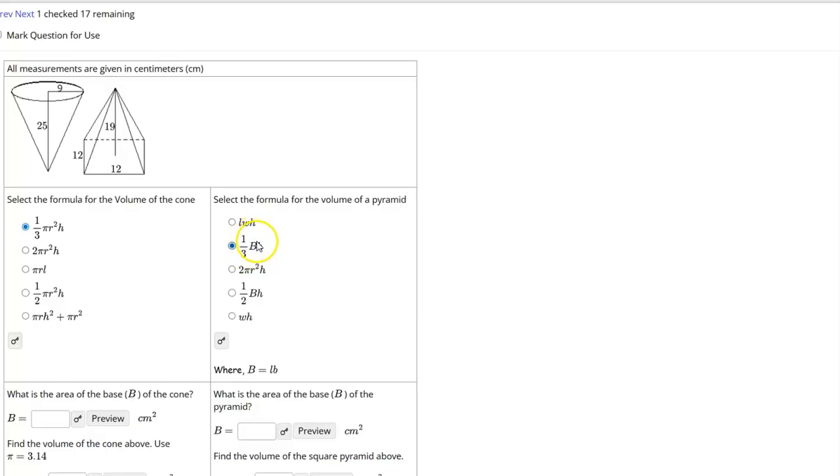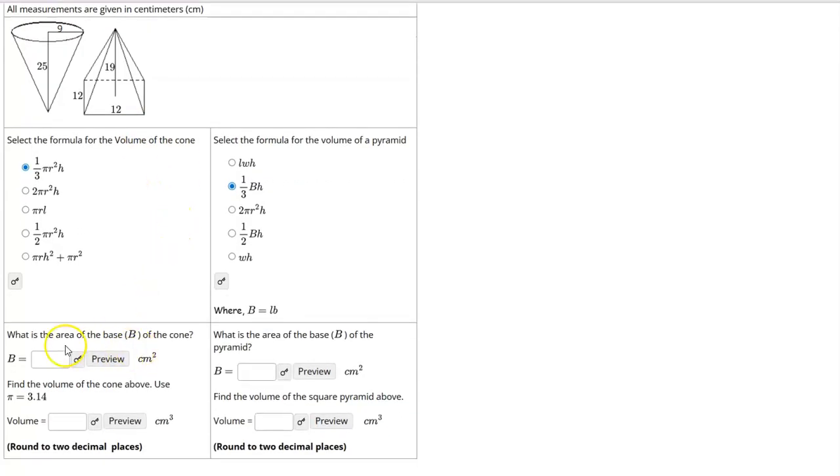Pi r squared is the base area for this cone. Here B is the base area of this pyramid. Remember that B is length times width, which is 12, 12.